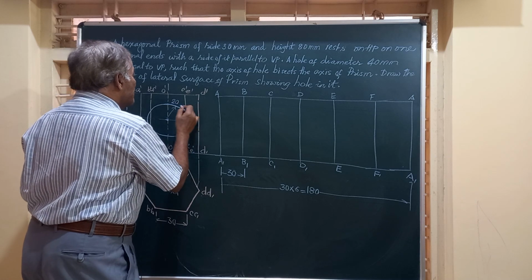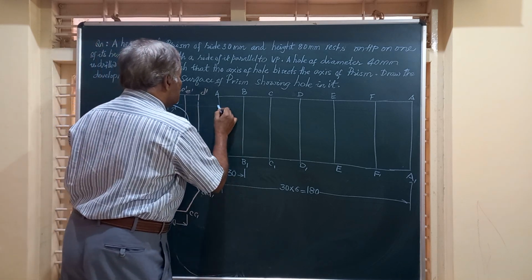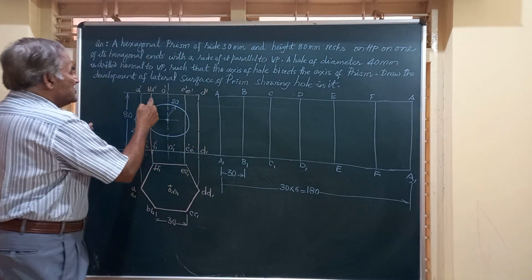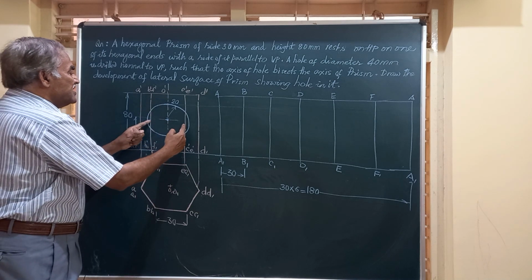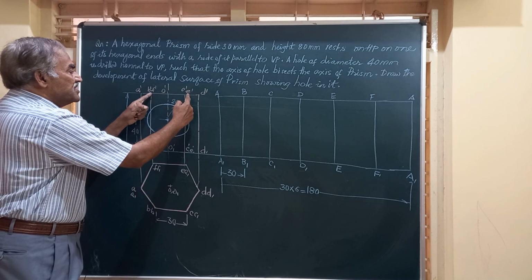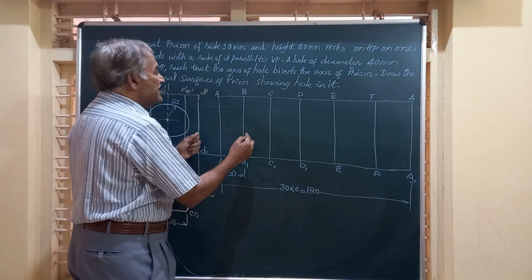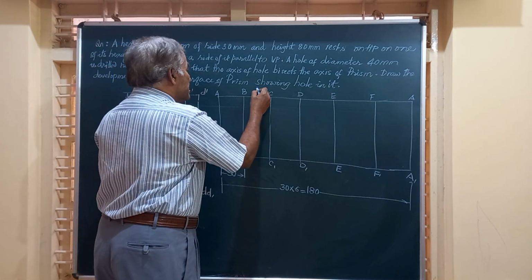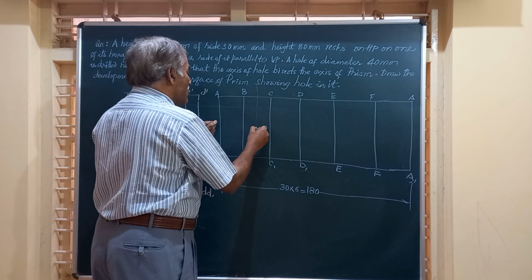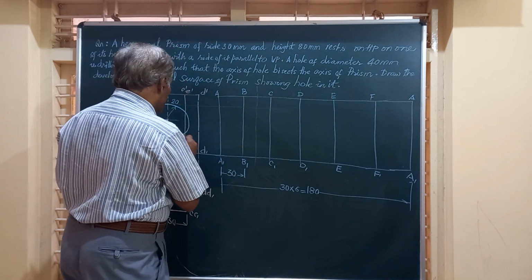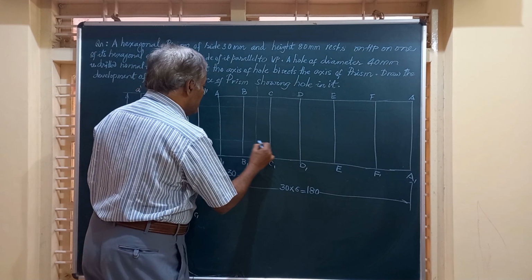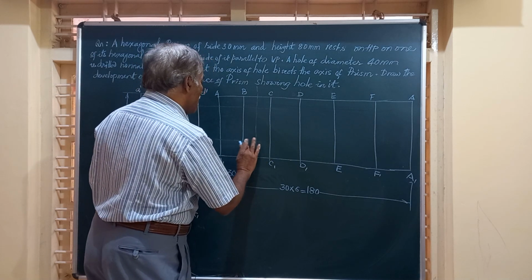This hole is drilled exactly between BC, so I will take the midpoint of that gap BC, and then I will draw two lines from the edges of this hole.